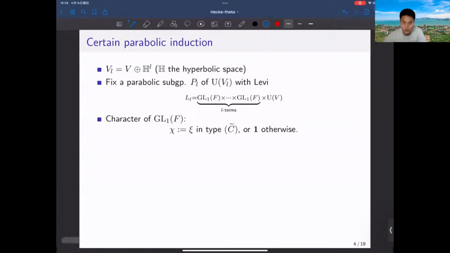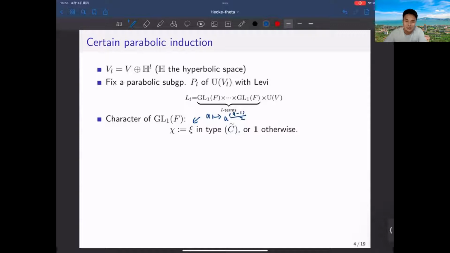And we will consider the character chi of GL1, which is either the quadratic character of F cross, which is a maps to a to the power (q minus 1) divided by 2, I think.